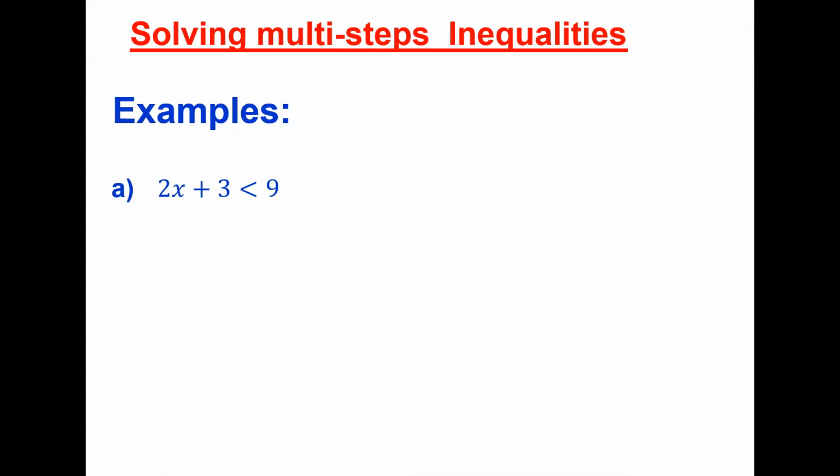So 2x is less than 9 minus 3. 2x is less than 6. x is less than 6 divided by 2. x is less than 3. This is how we solve it, exactly the same way as we have learned when we are solving linear equations.